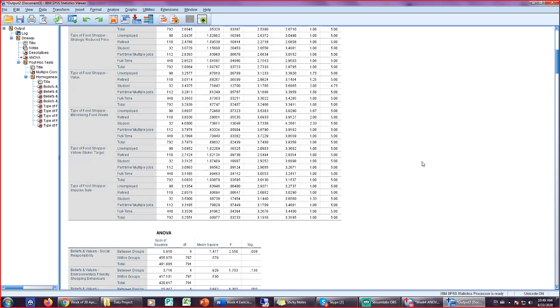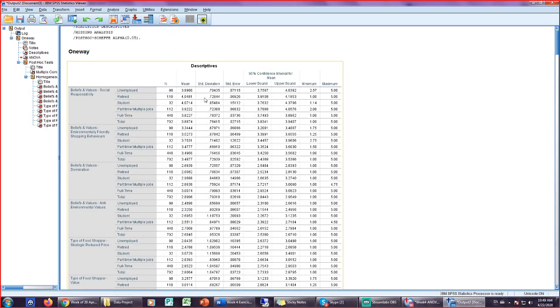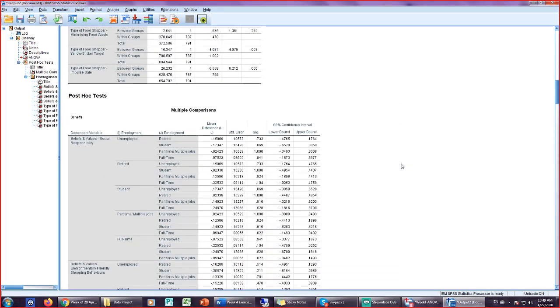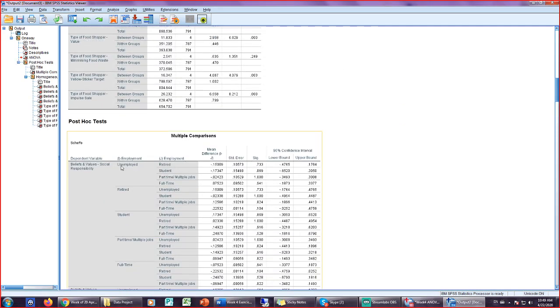So if we go back up to this, we can see that that's true. So retired people have the mean of 4.05, unemployed 3.90. So that's how the I minus the J is derived, subtracting retired from unemployed. We get that. Don't worry about the standard error, but then again, look at this, we have our significance column.